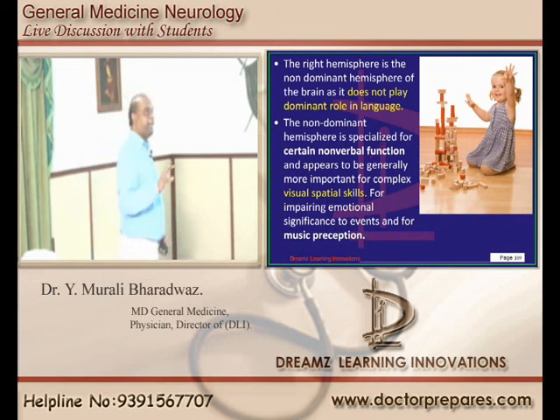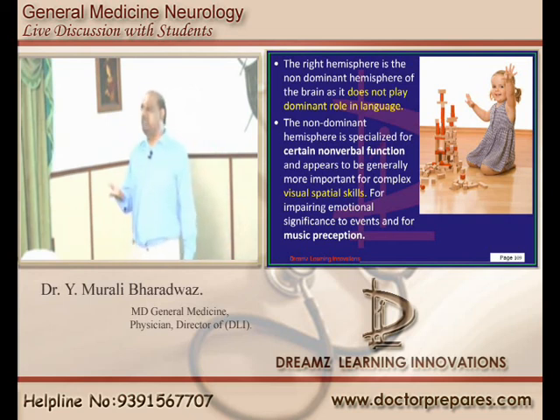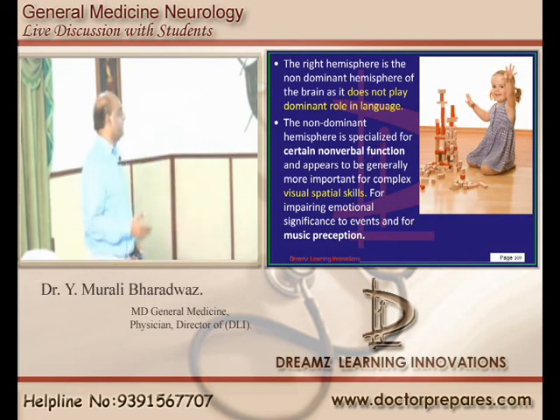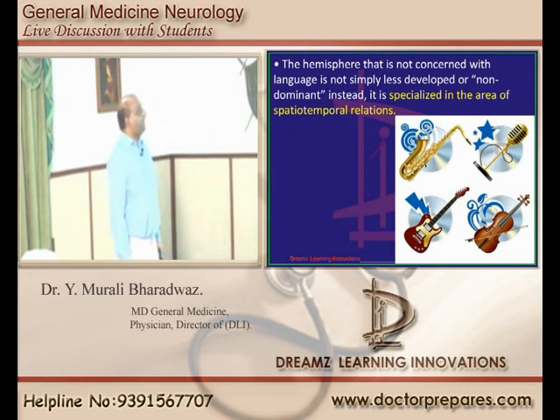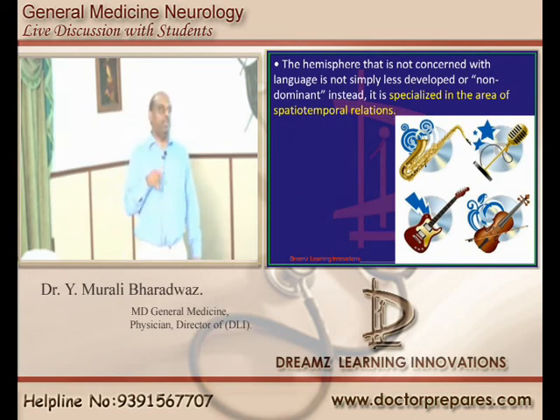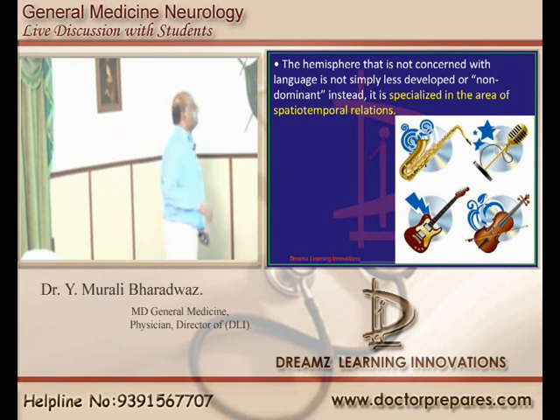Then music perception, those who sing cannot talk, those who talk may not be able to sing, except few mimicry artists. Now the spatio-temporal relations are the domain of the non-dominant hemisphere, is what you need to basically identify.